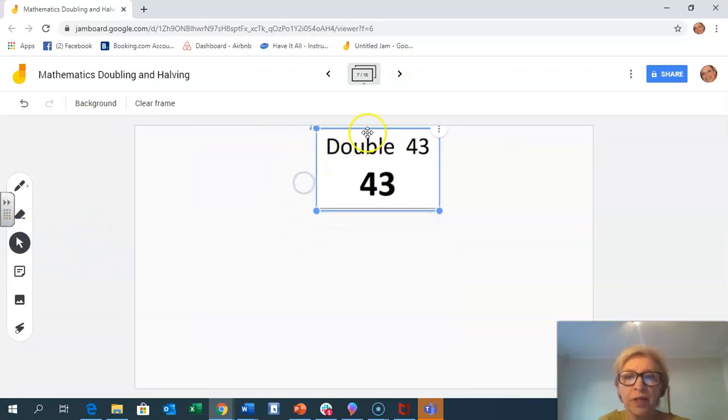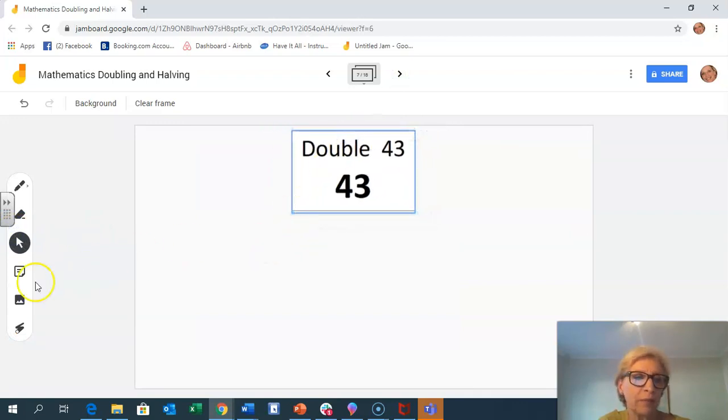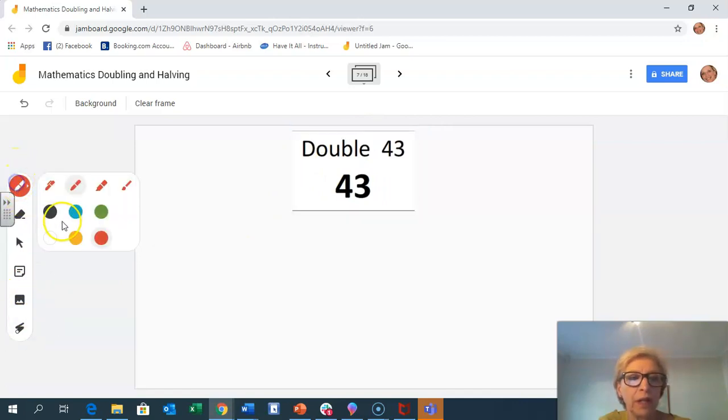Double 43. So let's think of a story sum for double 43. Well, let's assume I have got 43 Rand, and the next day I sell something of mine and I get another 43 Rand, so I'm going to get double that.